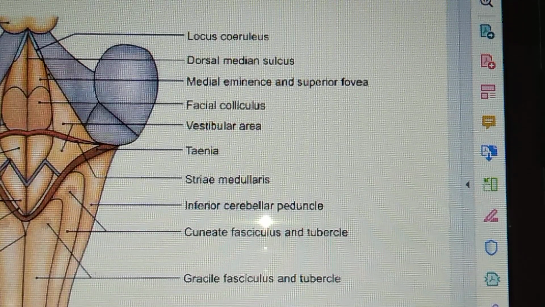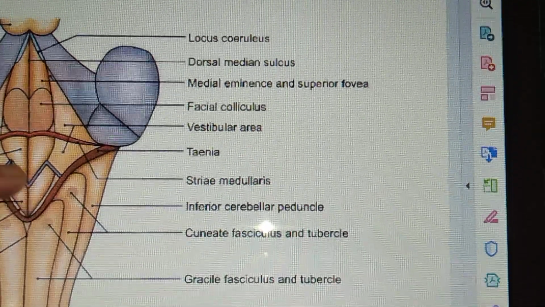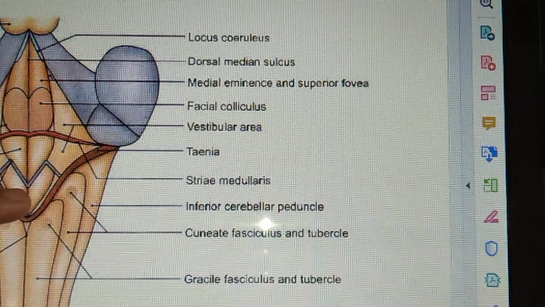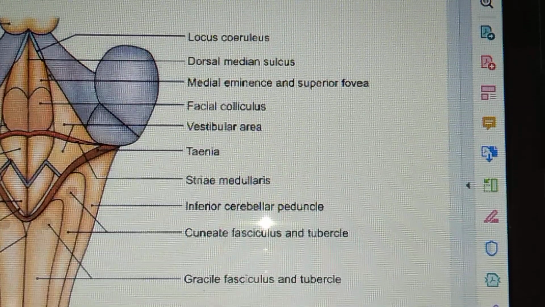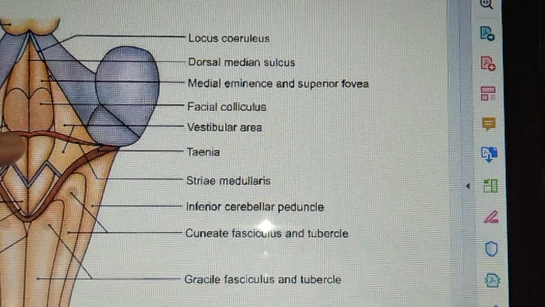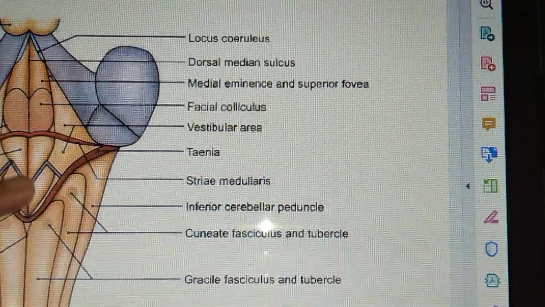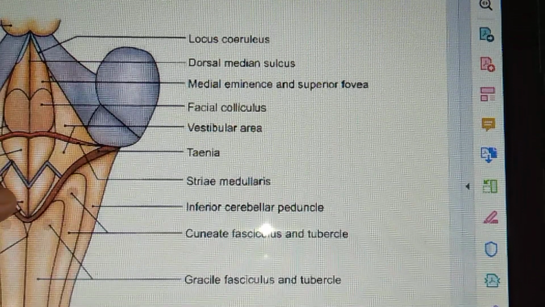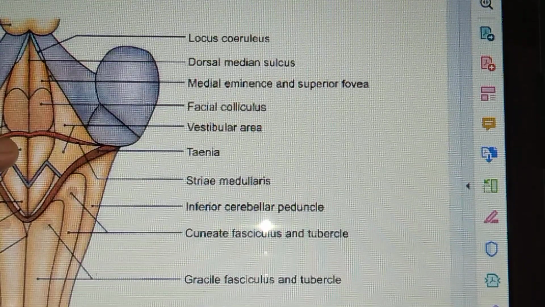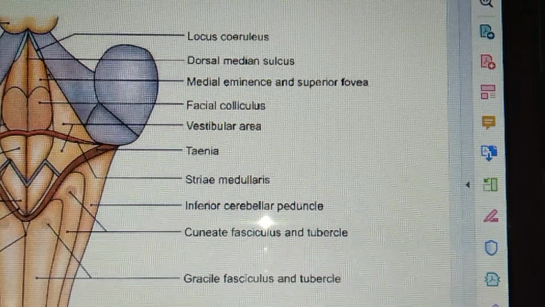Descending from the fovea, there is a sulcus that runs obliquely towards the midline and divides the median eminence into two triangles: the hypoglossal triangle medially and the vagal triangle laterally. Below the hypoglossal triangle the hypoglossal nucleus is present, and below the vagal triangle the vagal nucleus is present.